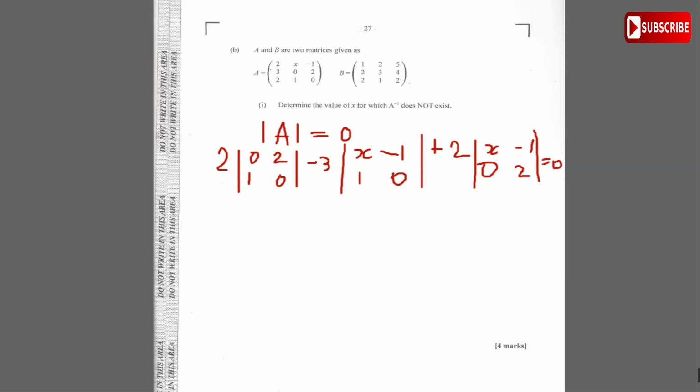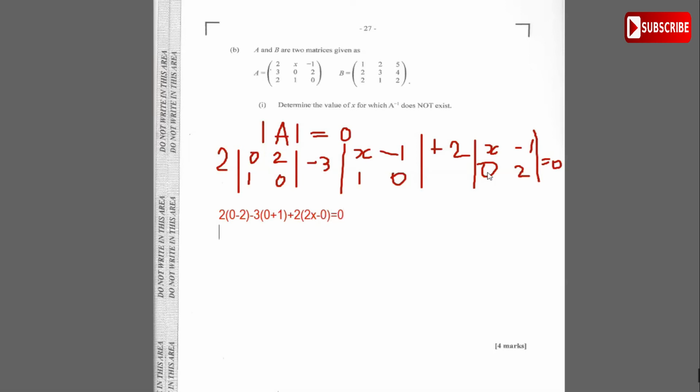So working this out, what we're going to be getting is 2 times 0 times 0 is 0, minus 2 times 1 is 2, minus 3 times x times 0 is 0, minus 1 times 1 is minus 1, which is plus 1, plus 2 times x times 2 is 2x, minus 0, that is equal to 0.